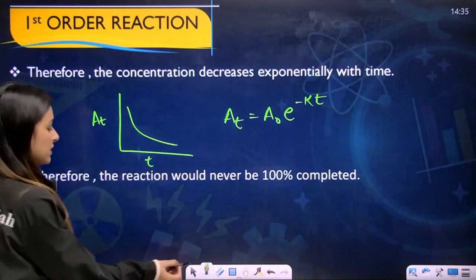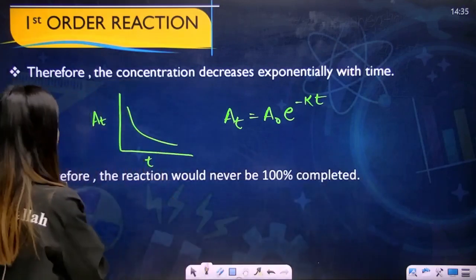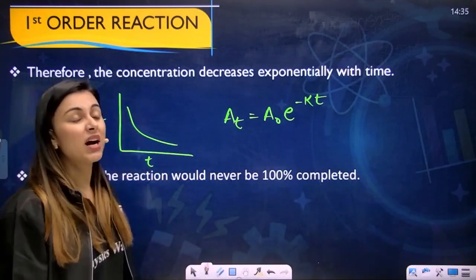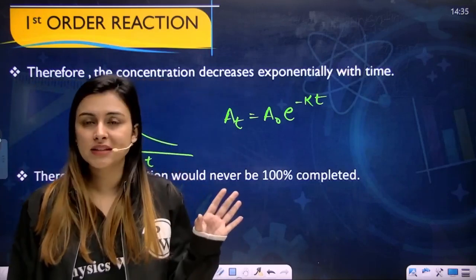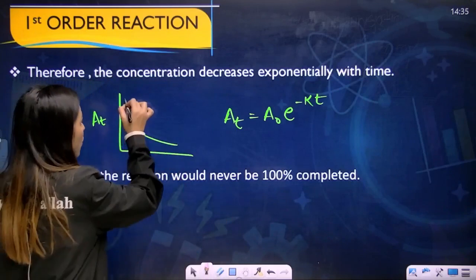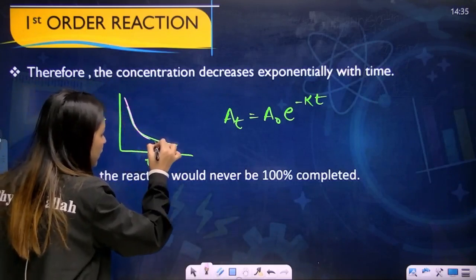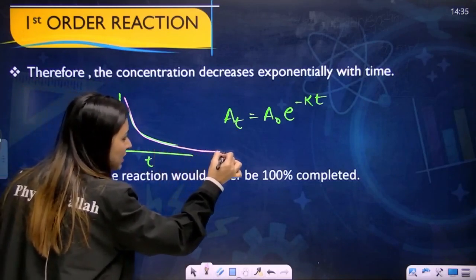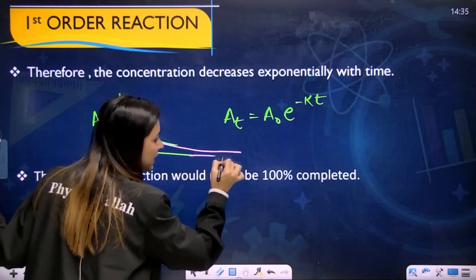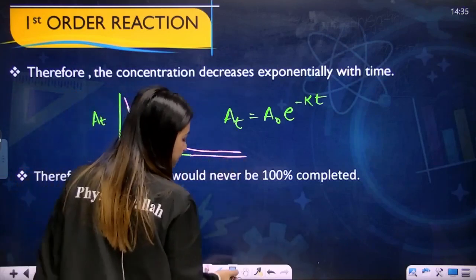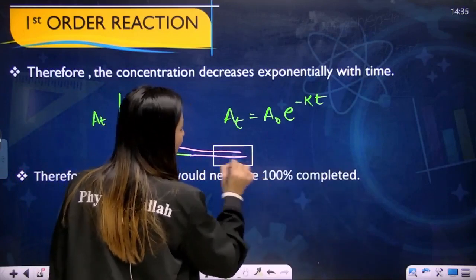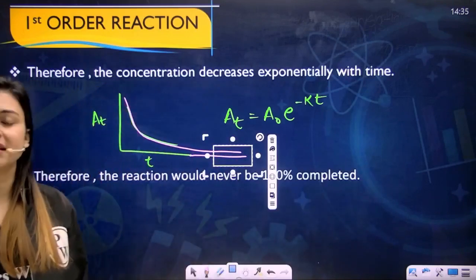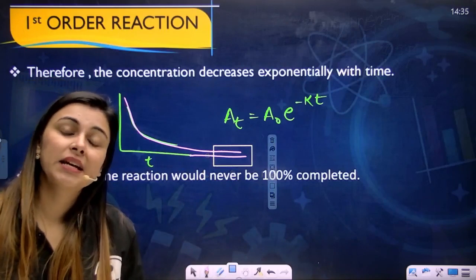See, my dear students, the next thing which you need to understand is, therefore, the reaction would never be 100% completed. Why is the first order reaction never 100% completed? Because when you extrapolate this graph, you will see that at one particular point, it will be parallel to the x-axis. That is, it is getting parallel to the time.